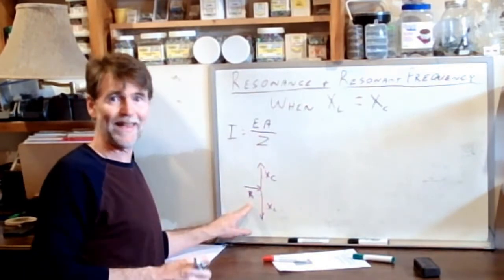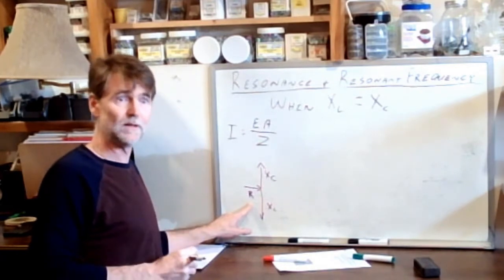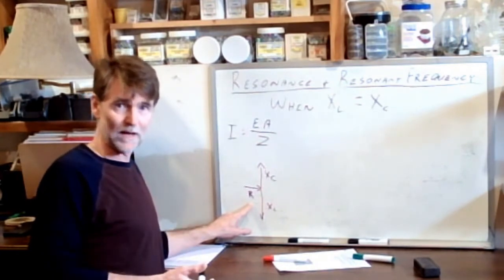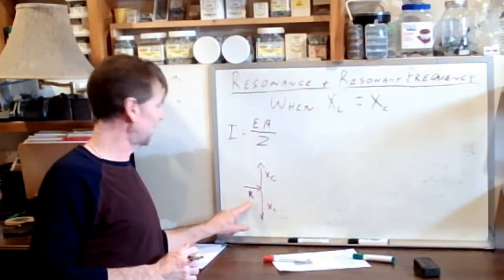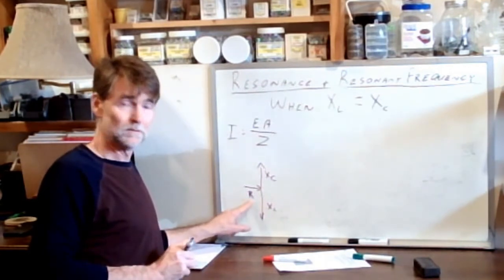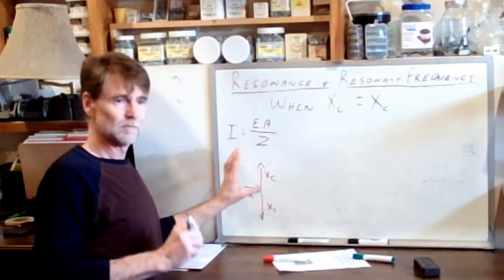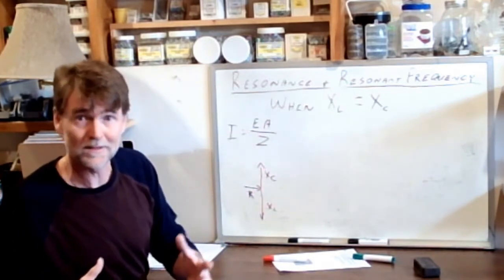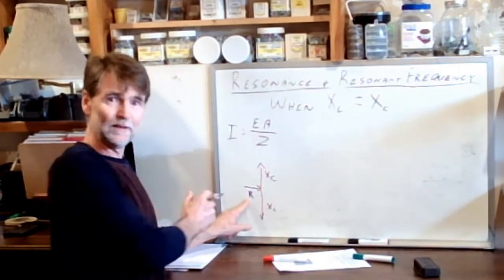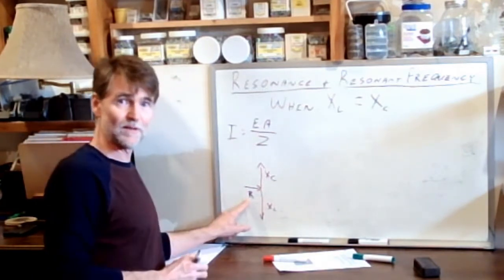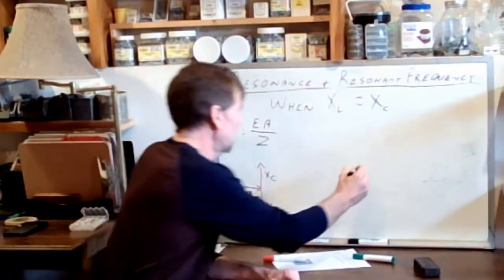There's also a handout about a conversation about quality, and a higher quality inductor and a higher quality capacitor means that we have a very small value for R. So if we have really high quality devices in our circuit, we have a circuit which has very little resistance. And so the result is this.